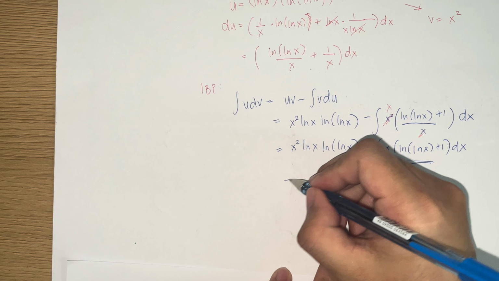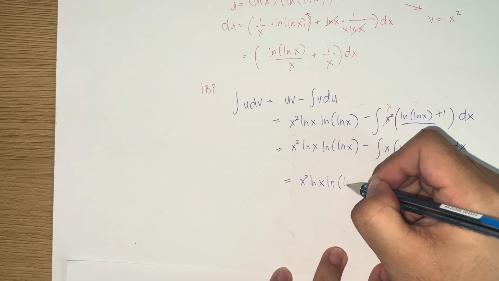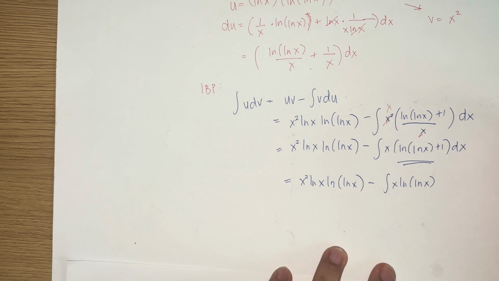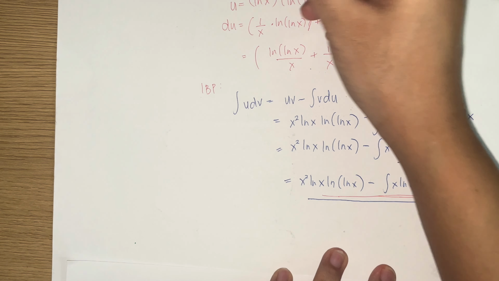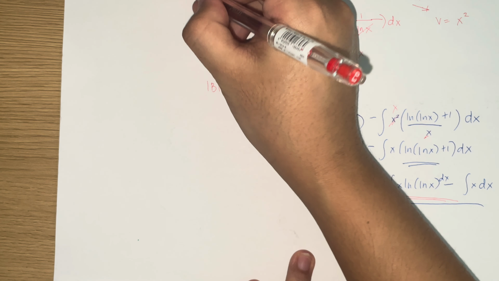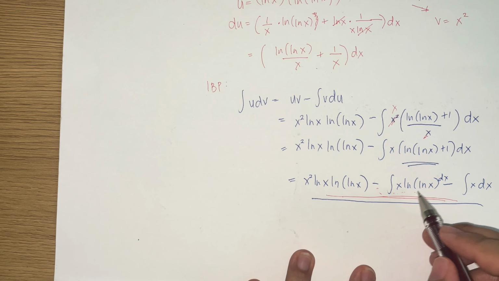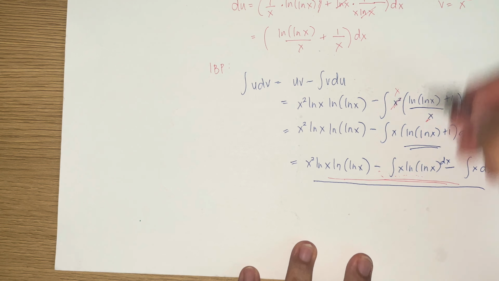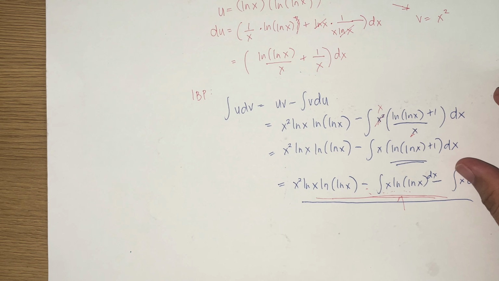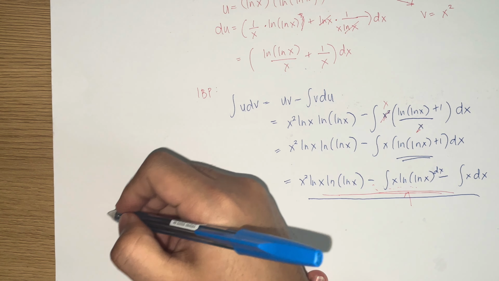But the good thing is if we write this as a split version, minus the integral of x ln of ln x minus the integral of x dx, and we note that this entire expression right here is just this one, and that you have here x ln of ln x and the negative of that, then this part and this part would cancel out. Is that clear? So this becomes 1/2.